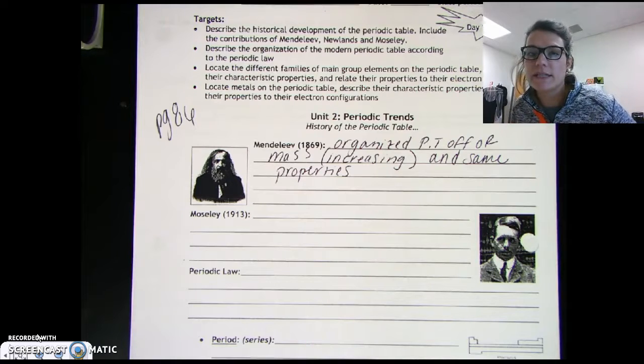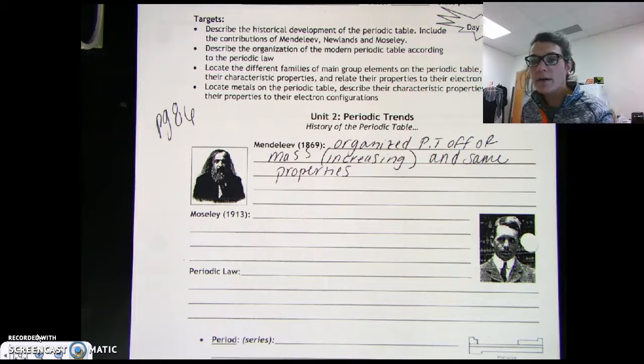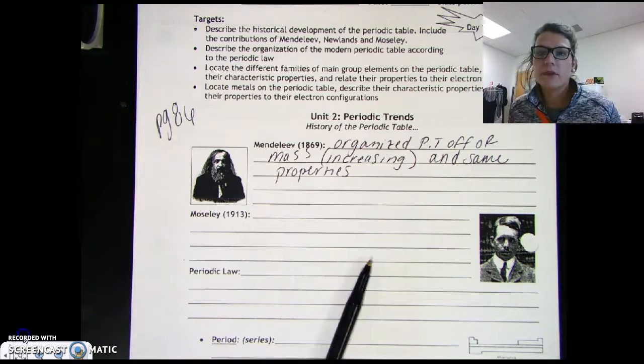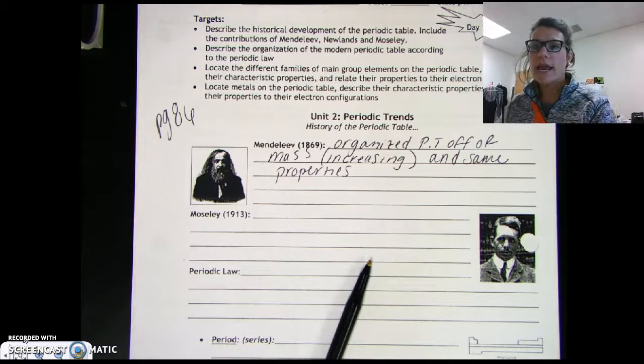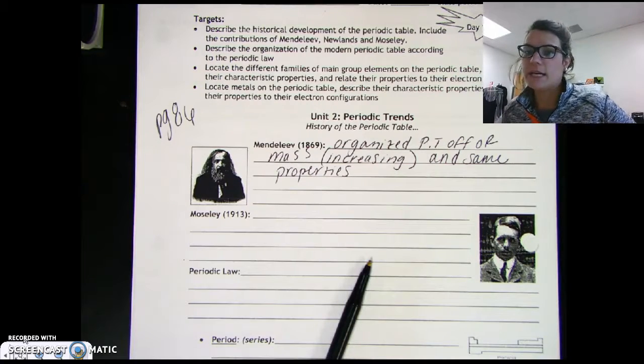He was from 1869. Second guy we're going to talk about is this guy Moseley, which I have a picture of right here. Okay, he took Mendeleev's idea. So Mendeleev ordered them by increasing mass, and Moseley came along and said, hey, there's something different here that we need to take into play, and this is the atomic number, okay?